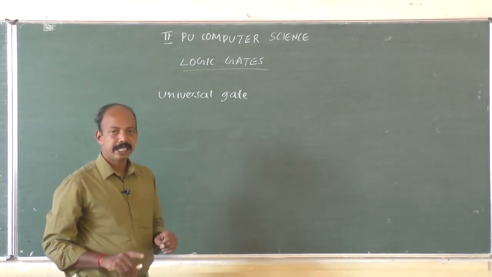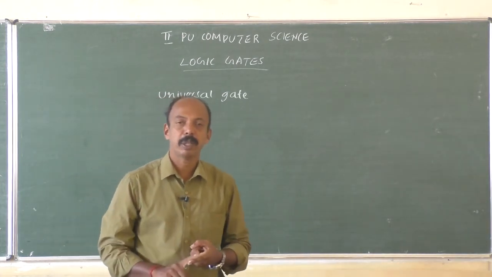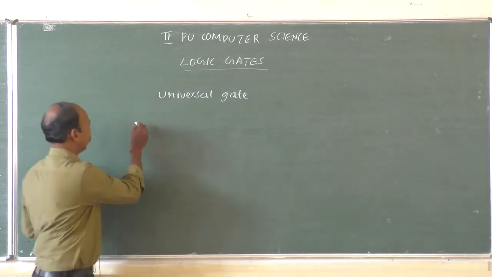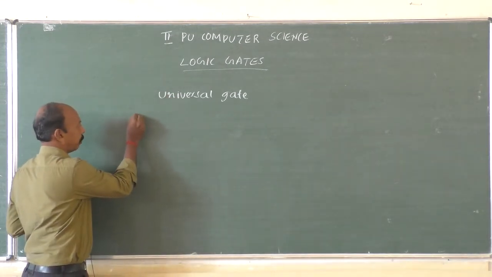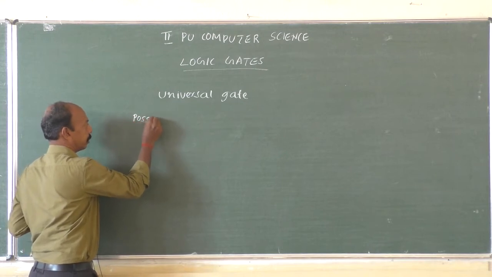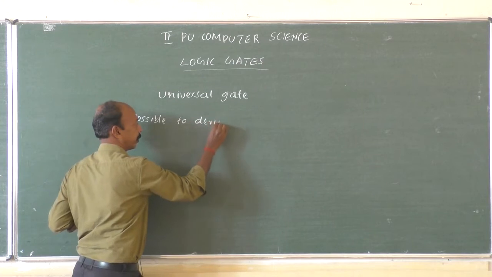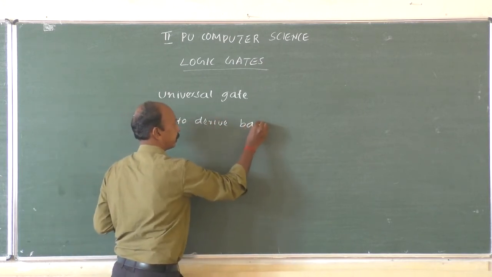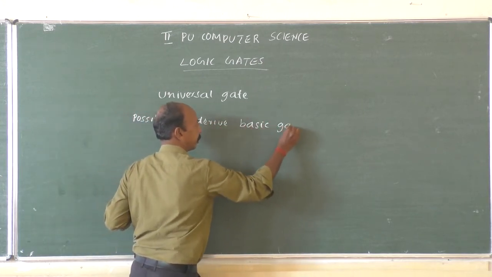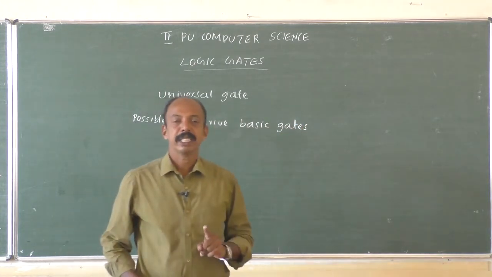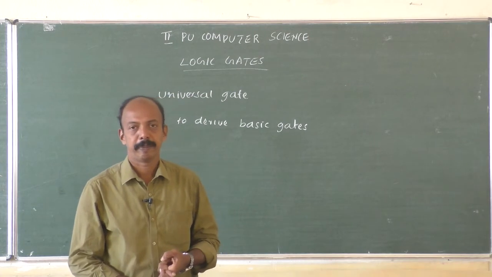Universal gate is a gate from which it is possible to derive the basic gates. That type of gate is called a universal gate.